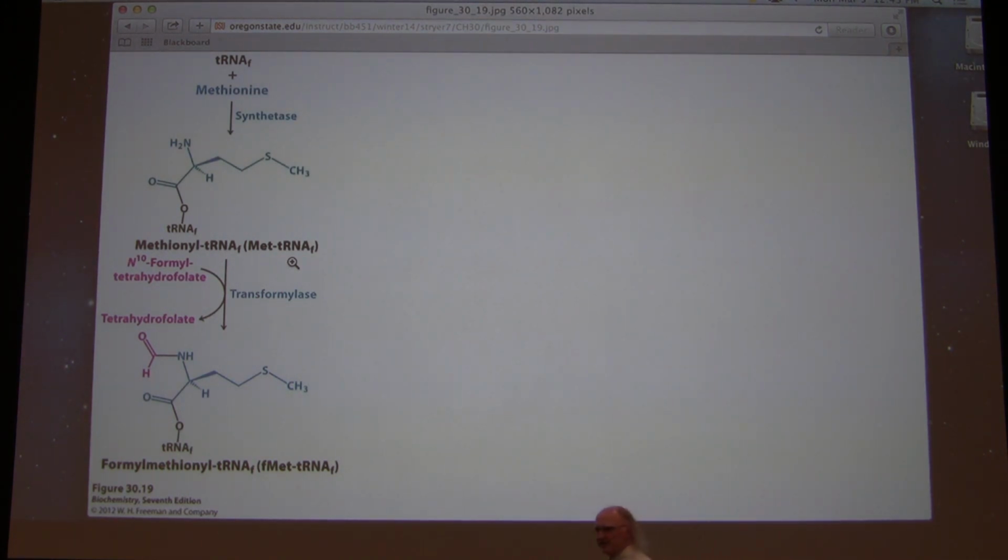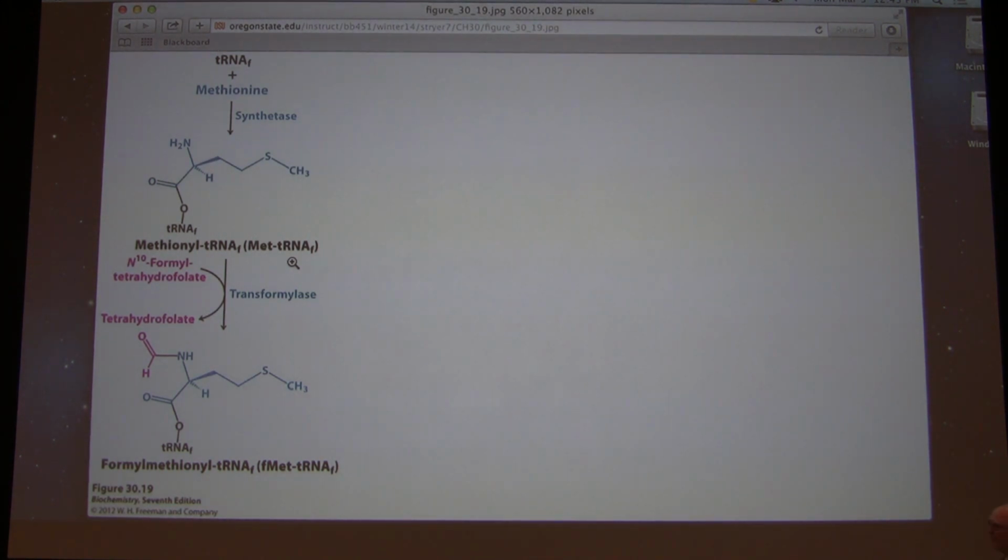Now, there's another thing we have to consider, and it's related to the question I had earlier about why methionine, what's the significance of methionine in the middle of a protein? And my answer was that it was necessary for the function of the protein, but I wasn't telling you the complete truth. It turns out that there's something special about the very first methionine, at least in prokaryotic cells.